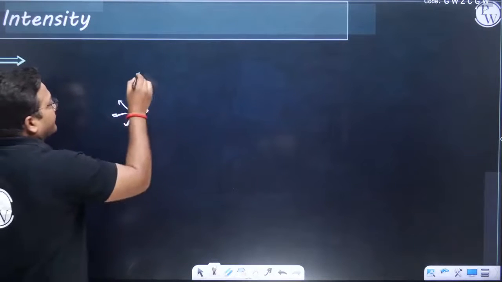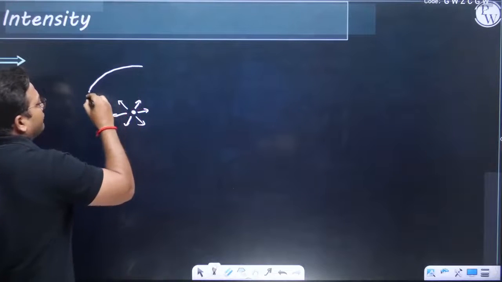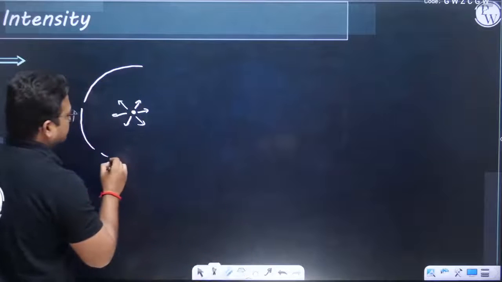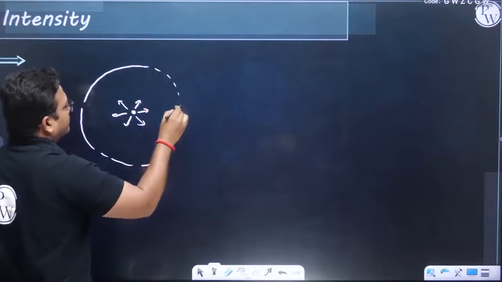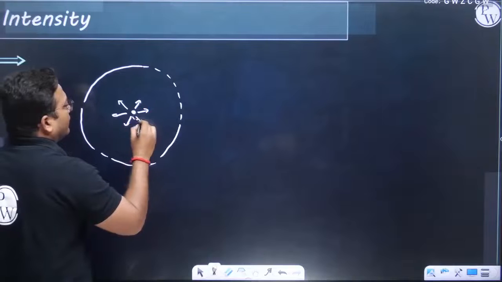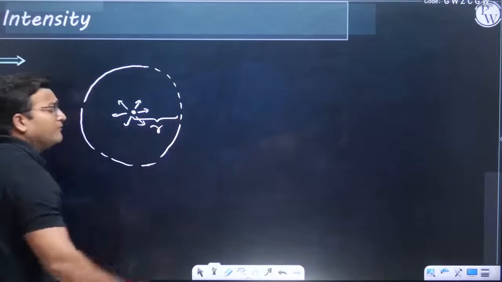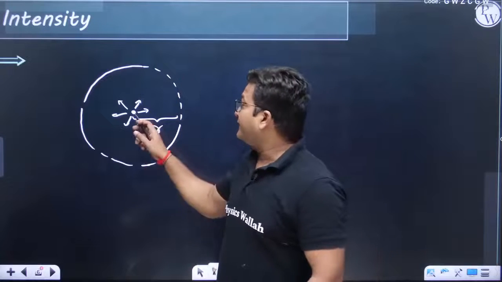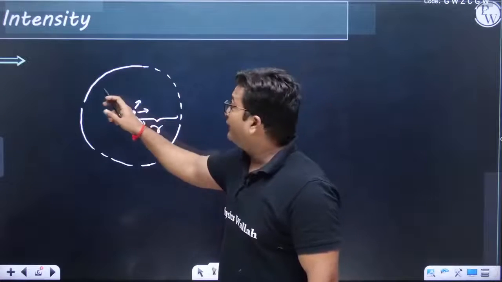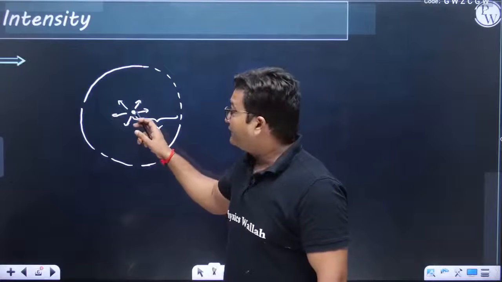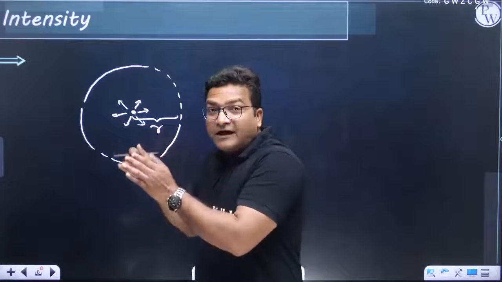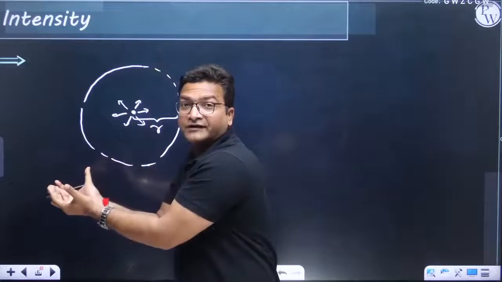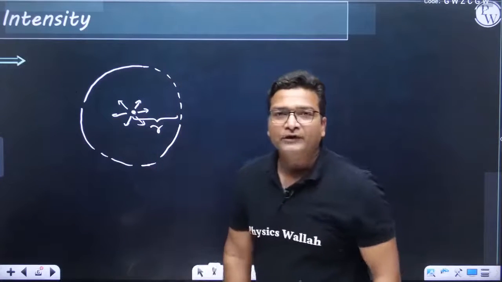Then if we want to find the intensity at a distance r from the point source, obviously every photon emitted by the point source reaches a distance r, and they basically fall on a sphere of radius r whose center is at the point source.